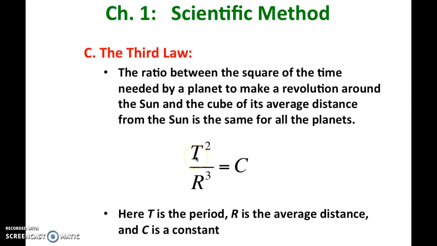Using T to represent the time or period, and R to represent the average distance to the Sun, we can write Kepler's third law as this formula: T squared over R cubed equals a constant C.